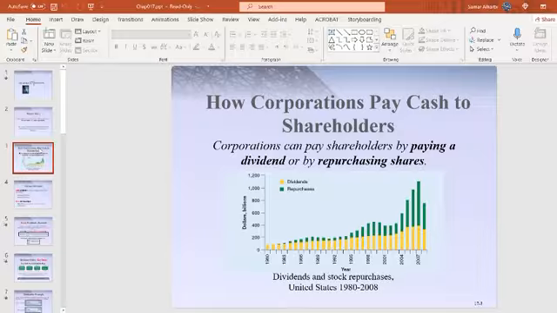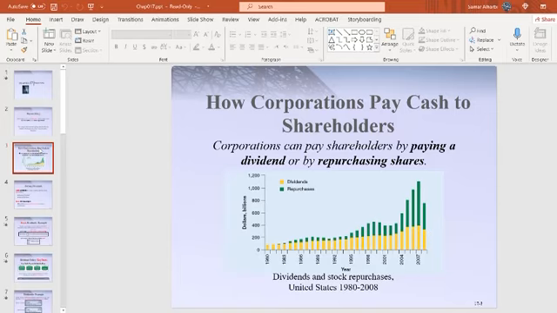So the idea is, if you have enough cash and you don't have any investment, you can buy your shares from the market. Then the price of the shares will go up. There will be a shortage in the market, right? Not enough shares, so the price will go up.